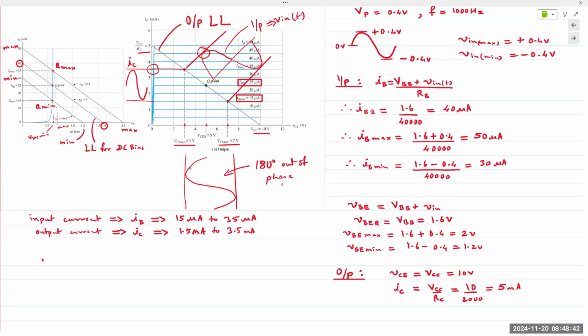All right, so input voltage is VBE. We can calculate that, but I want to say approximately a swing of, I don't know, 0.6 to 0.7 perhaps.